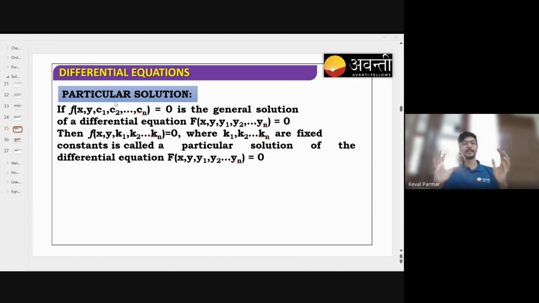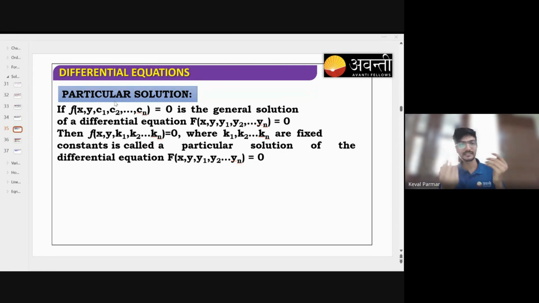Now, let me remind you, in our portion, we only have first order, first degree differential equations. That means if the order is 1, how many arbitrary constants will be there? Only 1. So we just have to integrate once and we'll get a general solution.